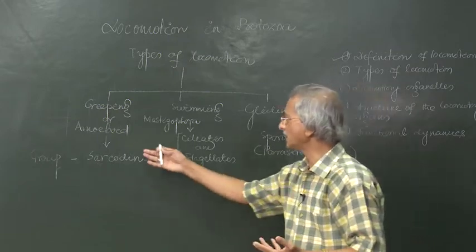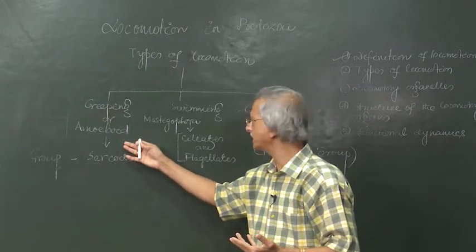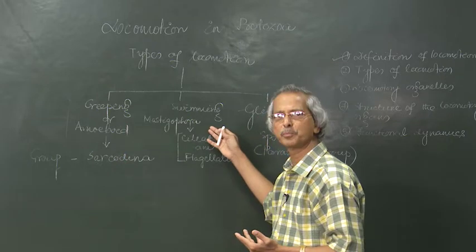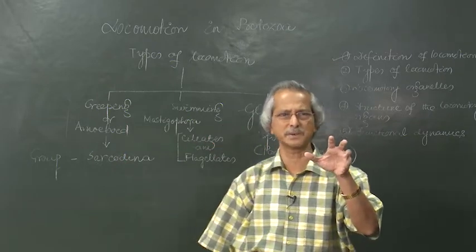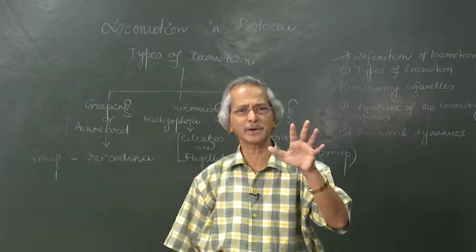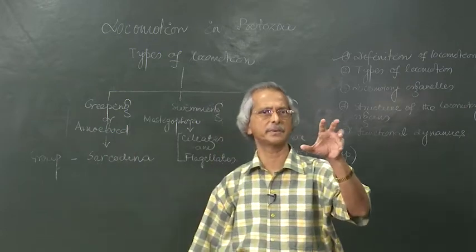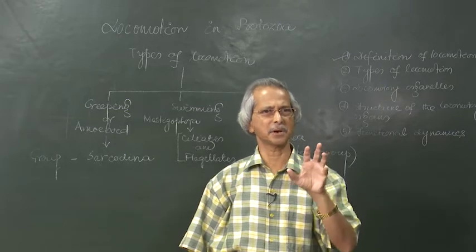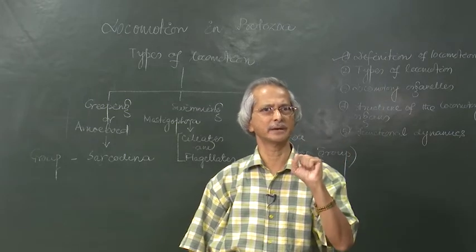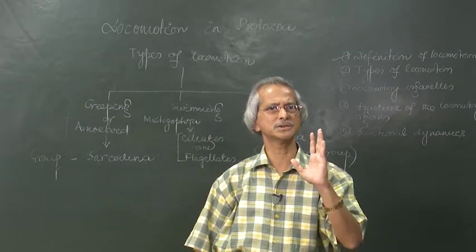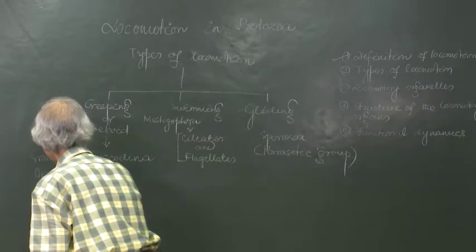Whereas, when we look at amoeboid movement and swimming type of movement, some specific organs are present on the body of animals. For example, in amoeboid movement, some specific organs perform this movement, and these specific organs are known as pseudopodia.